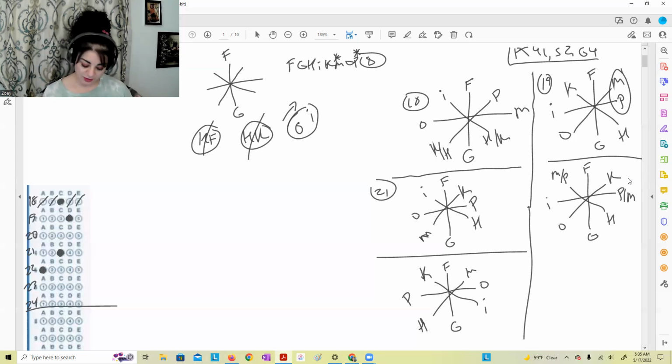So looking over here, if K is across from I in number 18, then Olivia would have H and I next to her. So that means I could cross out C. Looking at my last one over here, Olivia would have I and M sitting next to her, so I can cross out D.